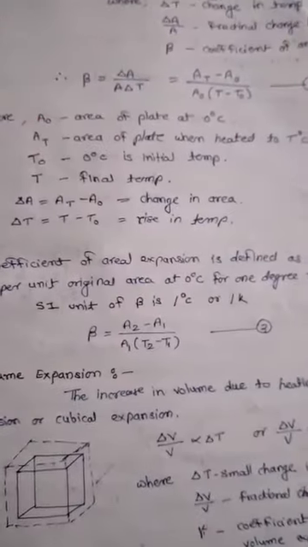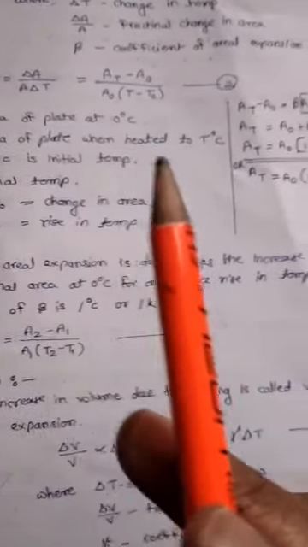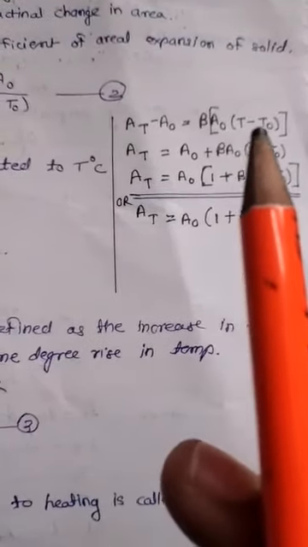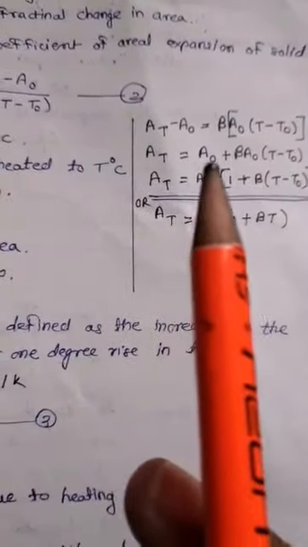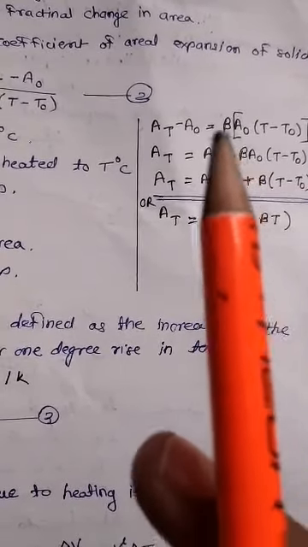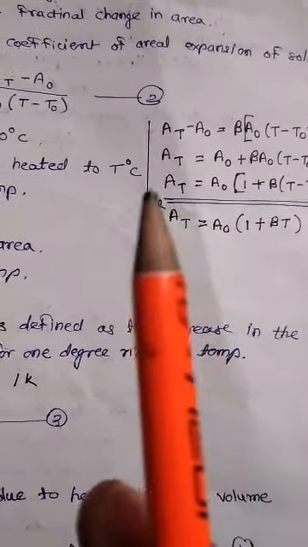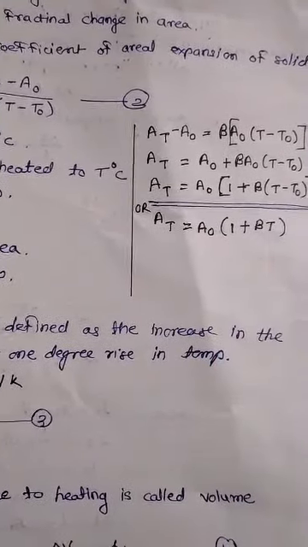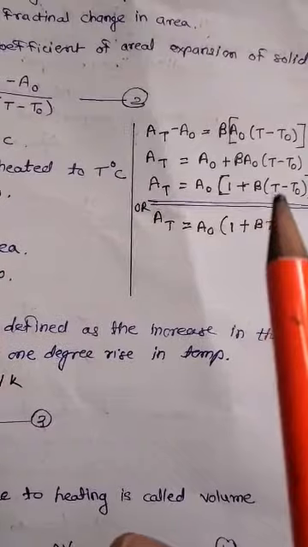Rearranging this equation, AT minus A naught is equal to beta A naught into T minus T naught. So AT is equal to A naught plus beta A naught into T minus T naught. Taking A naught as common, AT is equal to A naught into 1 plus beta into T minus T naught.